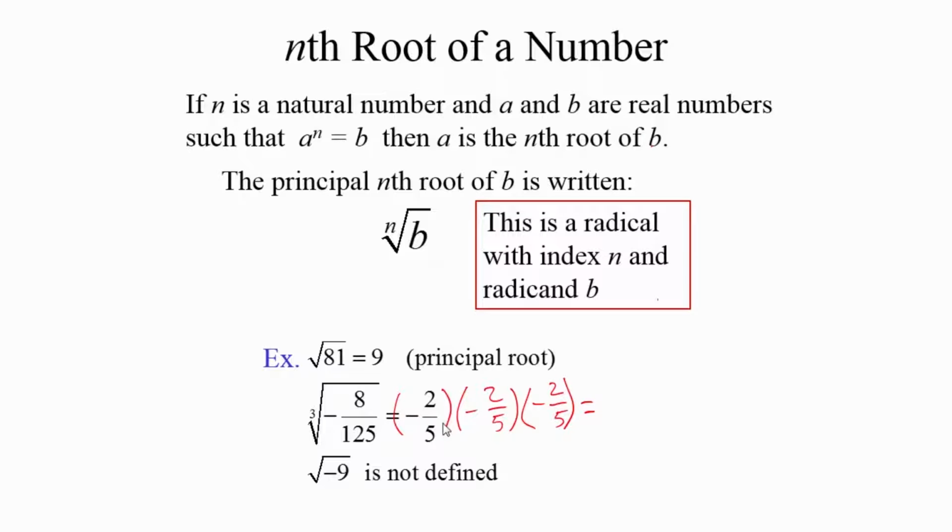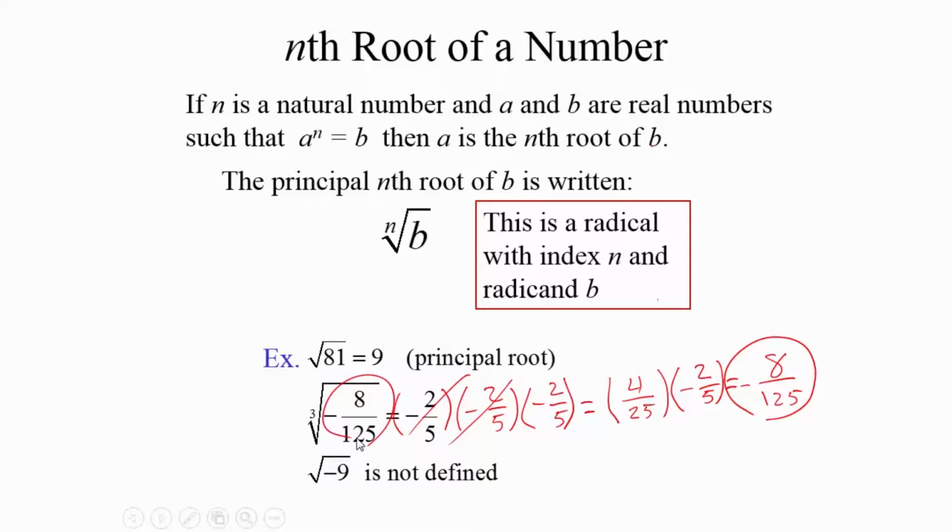Minus 2/5 times minus 2/5 is plus 4/25. Then multiply by minus 2/5 again. First of all, the sign, minus times plus would be minus. 2 times 4 is 8. 5 times 25 is 125. So if you multiply it 3 times by itself, you get what you have under the radical, the radicand.